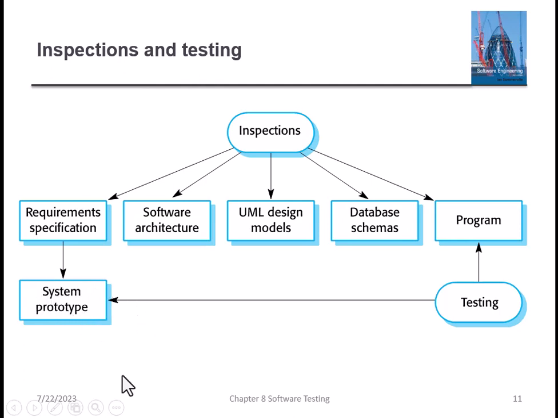System prototypes were already discussed in your previous lectures: we have two types, static prototypes and dynamic prototypes. Testing validates the dynamic prototype, and static prototypes are inspected using static verification methods.